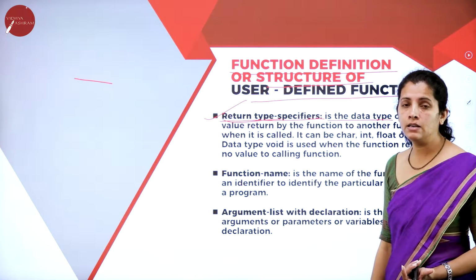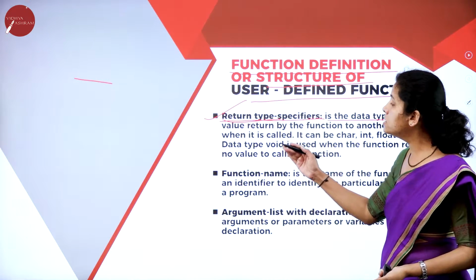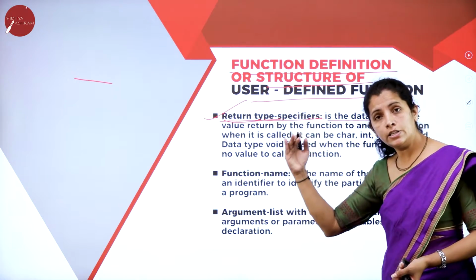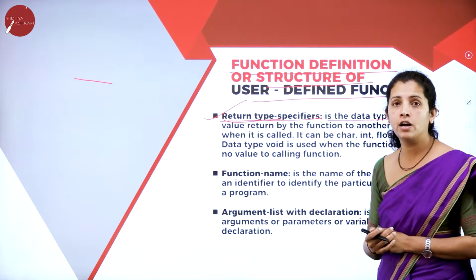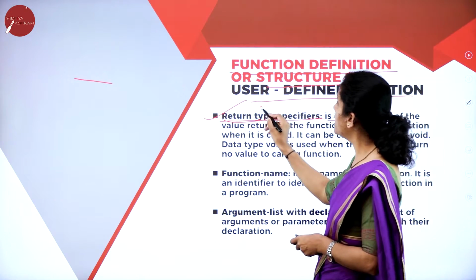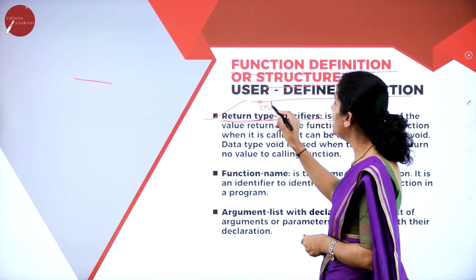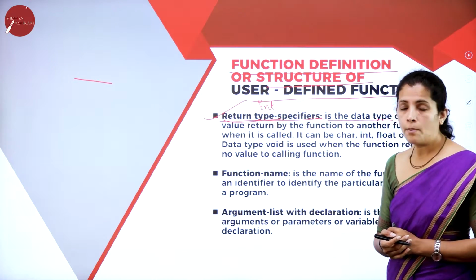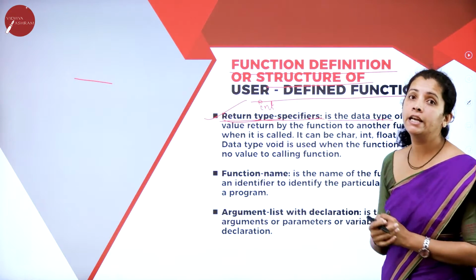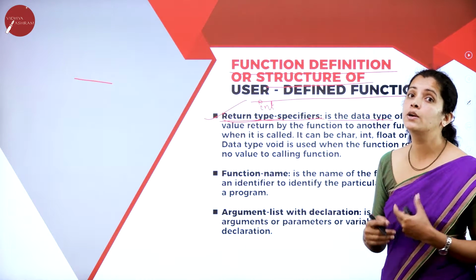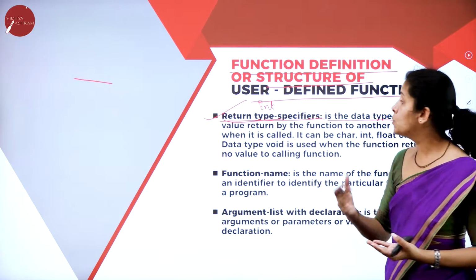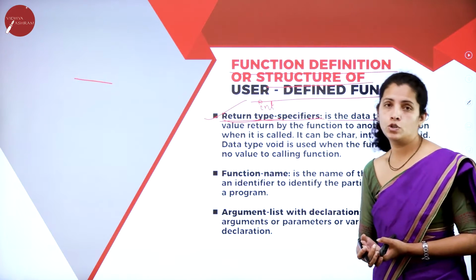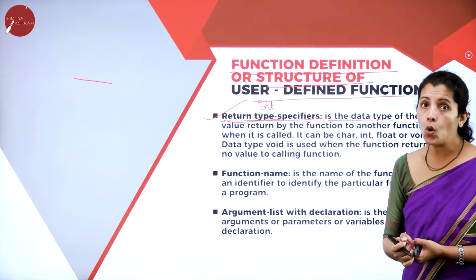For example, if my function is going to return an integer value to the calling function, then what is my return type? Int. If my function does not return any values to the calling function, then what is the return type? I am going to specify it as void.